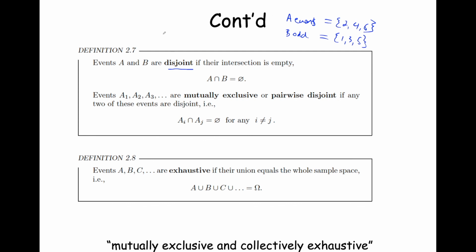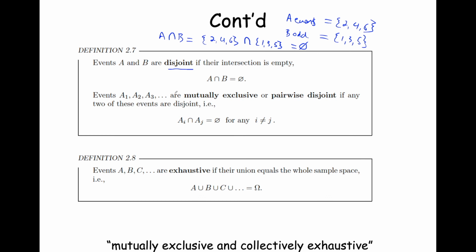Therefore, they are disjoint because A intersection B would be equal to the set 2, 4, 6 intersect with the set 1, 3, 5. They do not share anything in common, so that result is the empty set. Therefore, evens and odds, those two sets from the die roll, from omega die, are called disjoint.